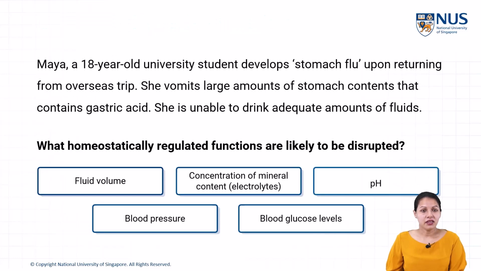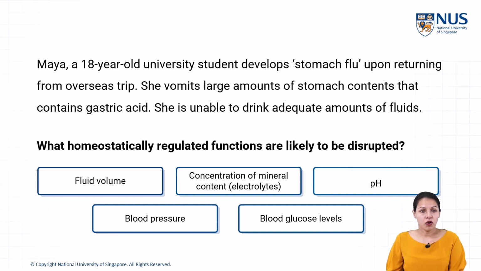So in this person, she's vomiting large amounts of stomach contents, right, and not drinking enough. So the body fluid volume is going to be low. And also when an individual vomits or has diarrhea, they lose large content of electrolytes. So the electrolytes are likely to be deranged.